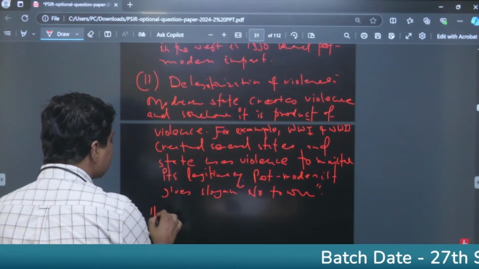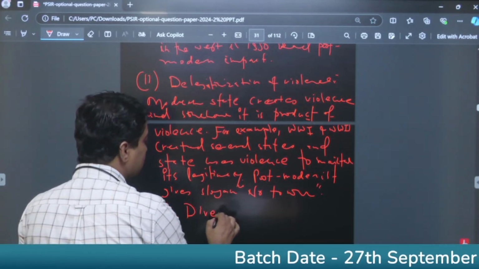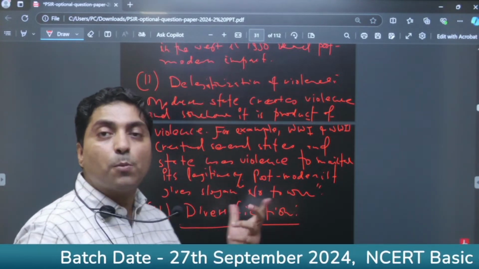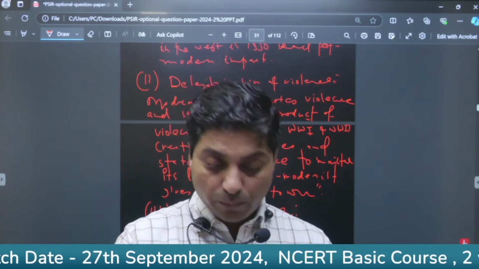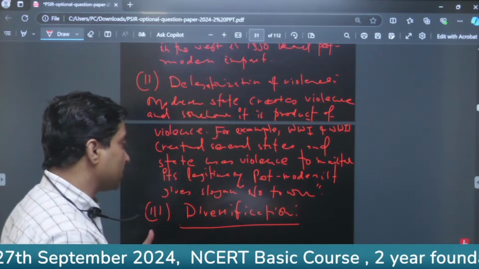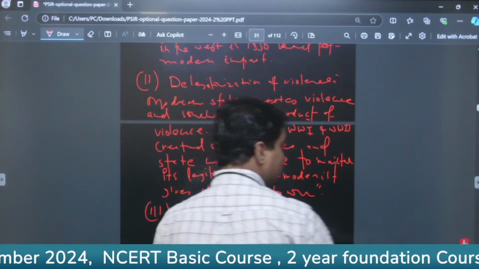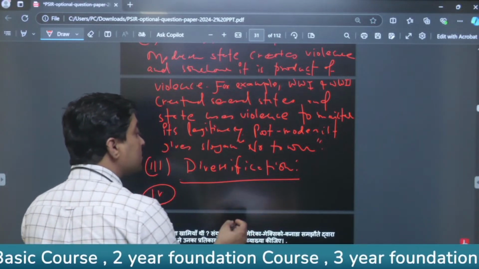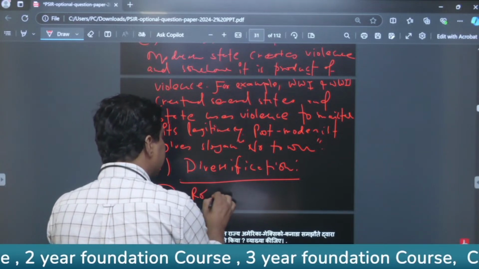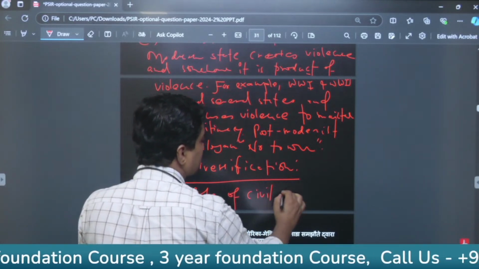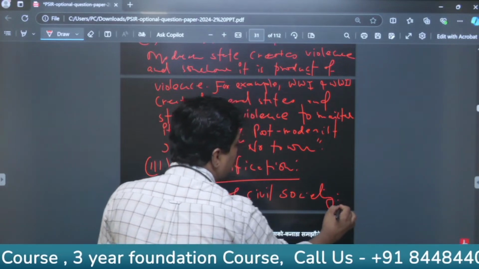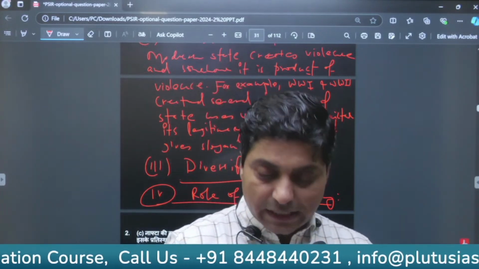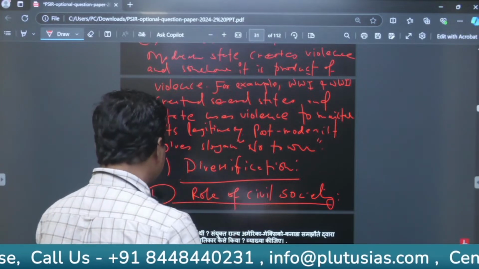So it delegitimizes violence. Third, it focuses on diversification. Modernity focuses on homogenization and assimilation. Postmodernists focus on diversification, plurality, diversity. Now fourth is the role of civil society, for living a good life rather than the state. So these are basically the features of the postmodern state in the capitalist economy.